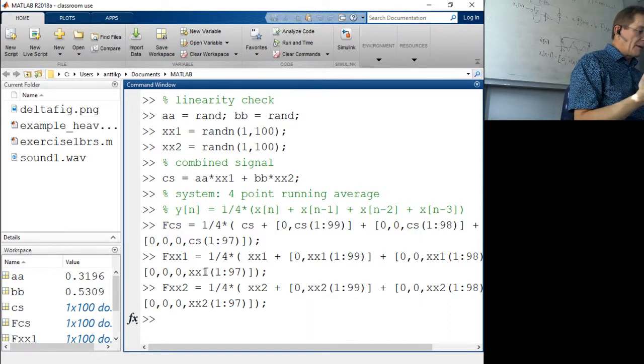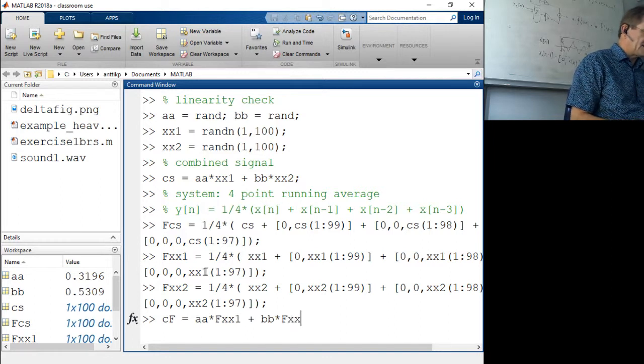Now I combine the combined output FCS equals A times FXX1 plus B times FXX2. Better.